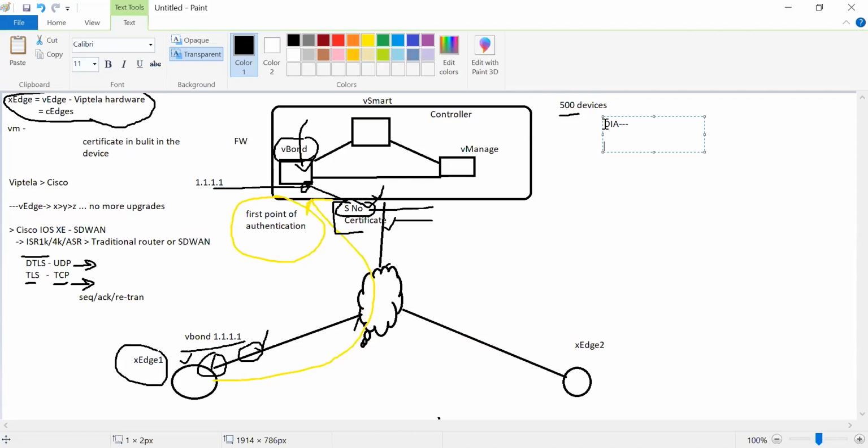Maybe there could have been different contexts. The thing I'm answering now is up to my understanding: you have a DIA policy and you want to configure it for one site, not for all the sites. We can do that.